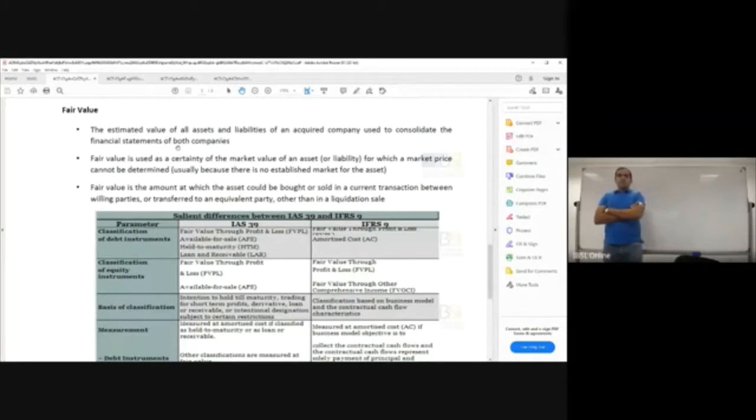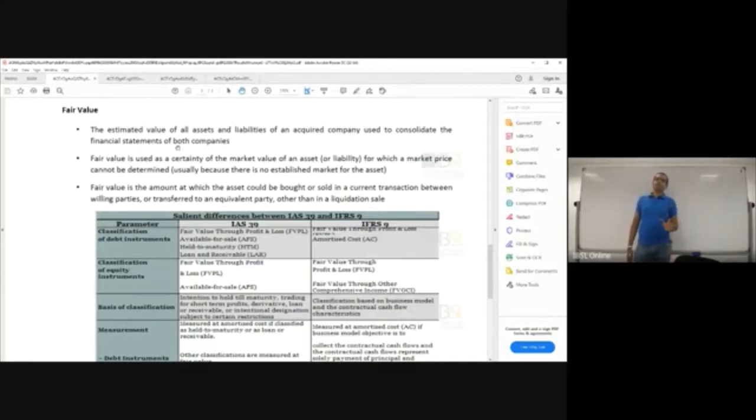Fair value is used as a certainty of the market value of an asset or liability for which the market price cannot be determined, usually because there is no established market for the asset. Fair value is the amount at which the asset could be bought or sold in a current transaction between willing parties or transferred to an equivalent party other than a liquidation sale. So it's the price at which two parties are willing to go ahead with the transaction. It's called fair value.